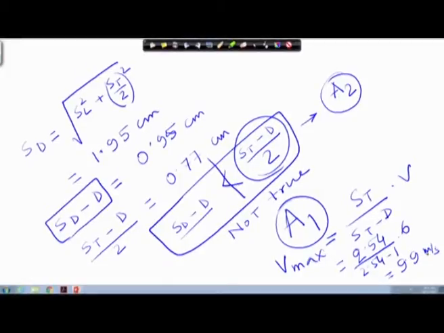meter per second. Once we know the maximum velocity, we can calculate Re max, which is rho into V max into D divided by mu.